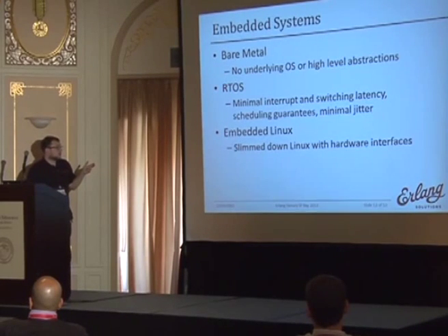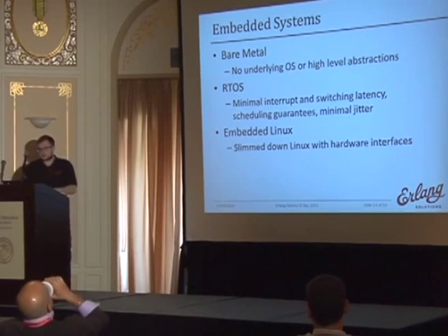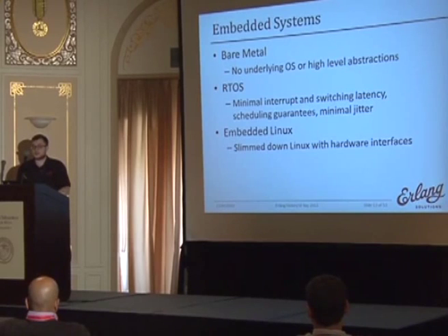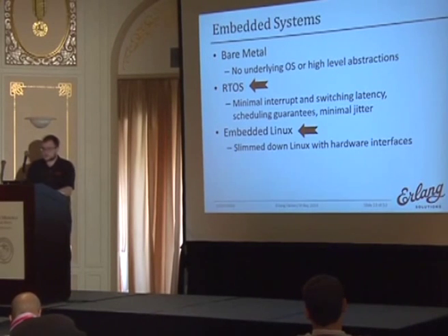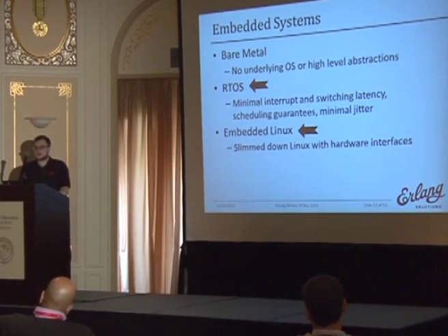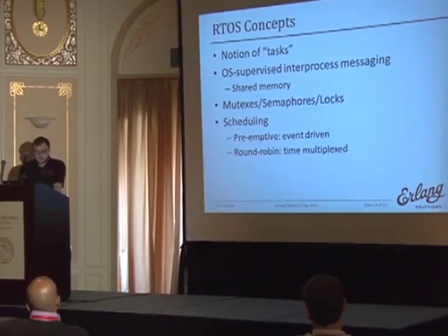The third one, and I think the most popular one today, is the embedded Linux, which is essentially Linux but smaller and with some external interfaces that will let you talk to hardware, etc. For the project, we're only interested in the RTOS and embedded Linux class devices because we can't run Erlang on bare metal yet.